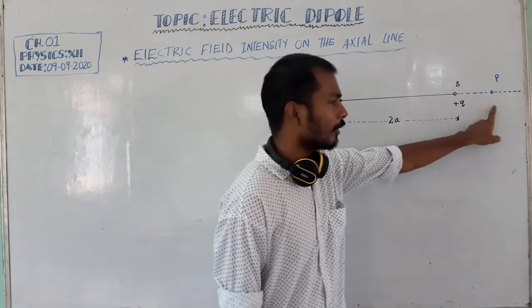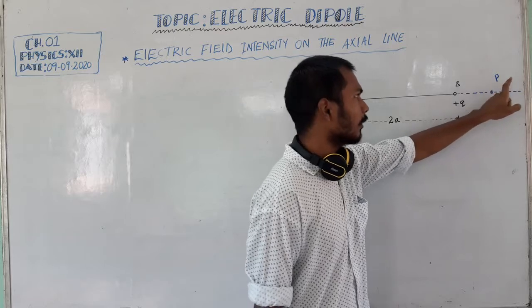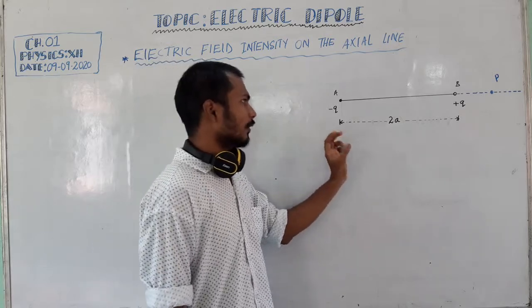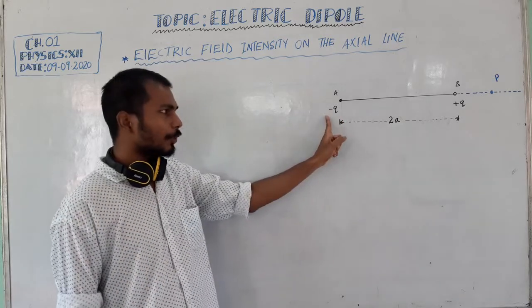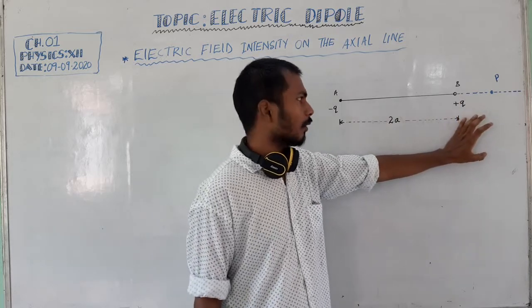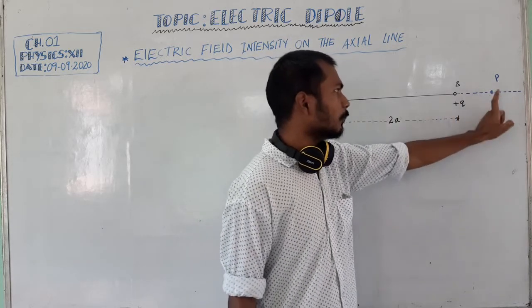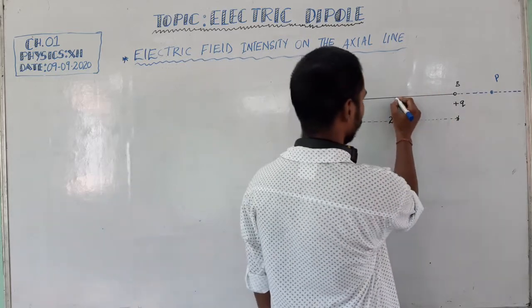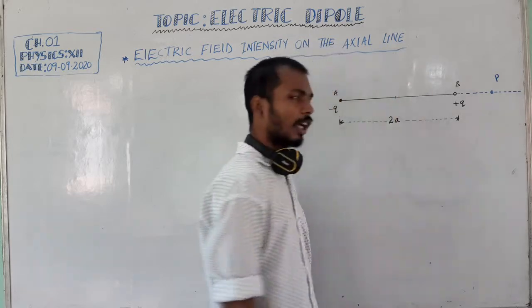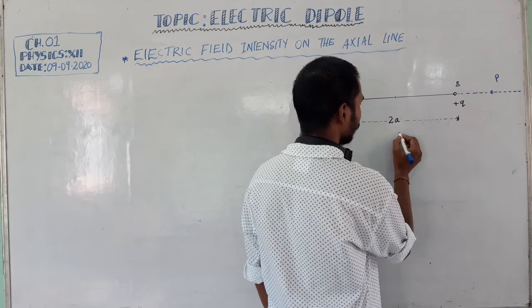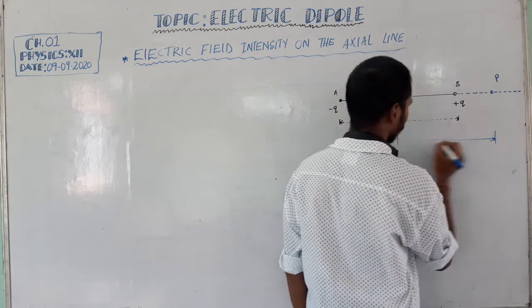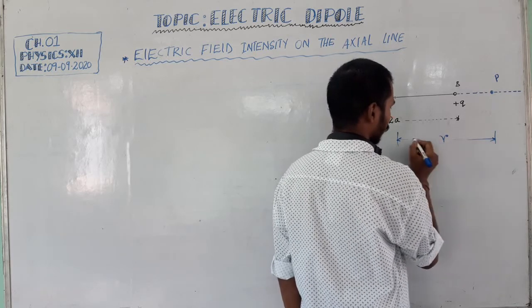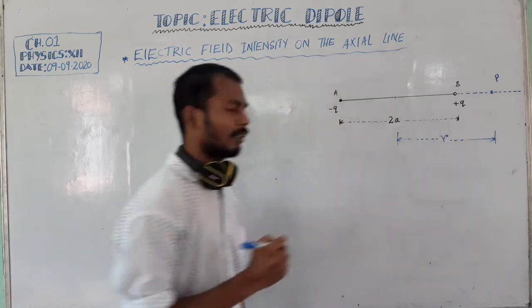In a dipole, there are two poles, one is minus Q, another one is plus Q. Let us consider this point is at a distance r from the center of the dipole. This is the center of the dipole.